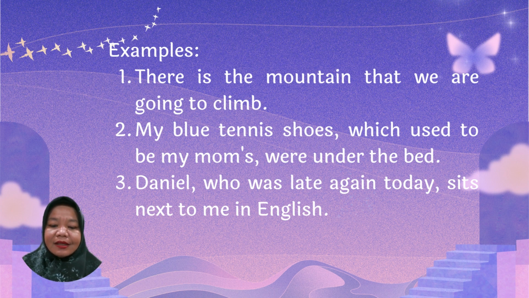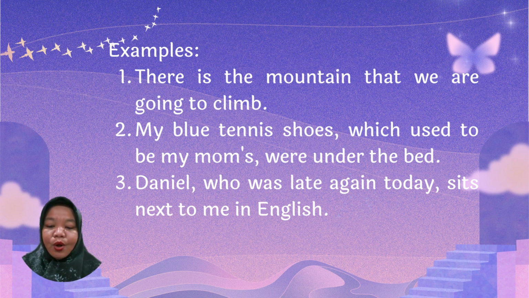That connects the clause we are going to climb with the antecedent. Another example, my blue tennis shoes, which used to be my mom's, were under the bed. The antecedent is shoes; which is a pronoun replacing shoes in the dependent clause, shoes used to be my mom's, and relating it to the subject of the independent clause.